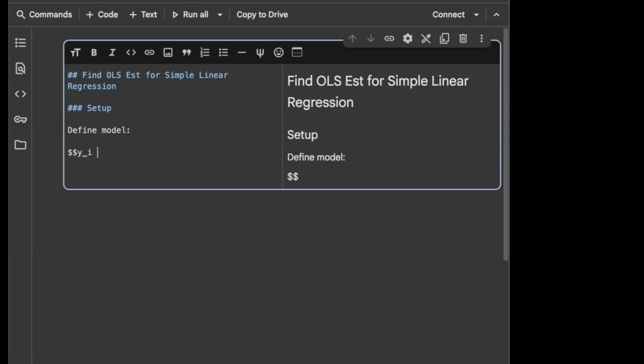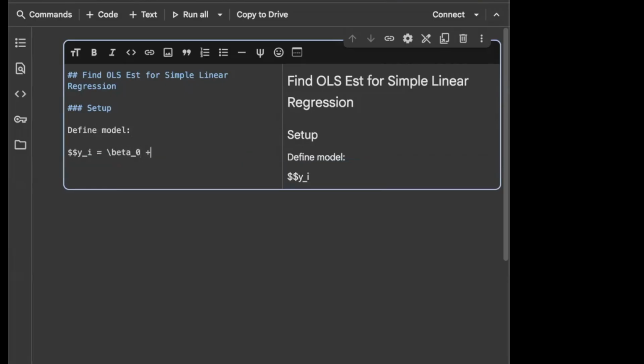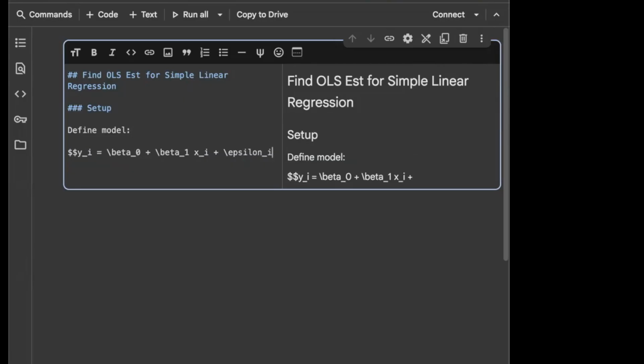So y is your dependent variable, and then you have beta zero, the constant or intercept term, and beta one, the linear coefficient, and then you have the independent variable xi, and then a little bit of noise, the information that is not captured by the model.